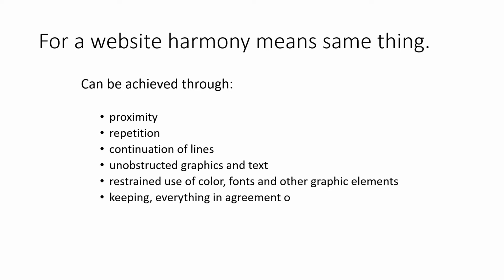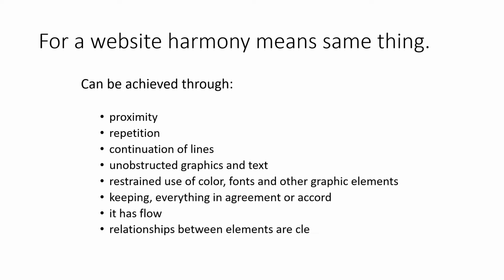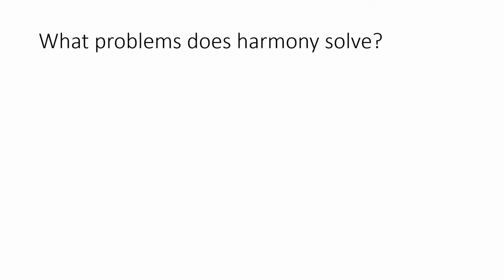You want to keep everything in agreement or accord. A harmonious website has a certain flow to it, and I'll show you how that's created. It's achieved through the balance of negative space and positive space, and the relationships between your elements are clear and unambiguous.